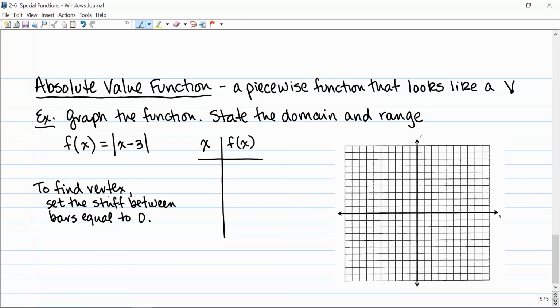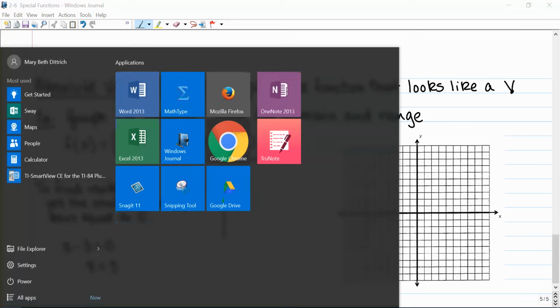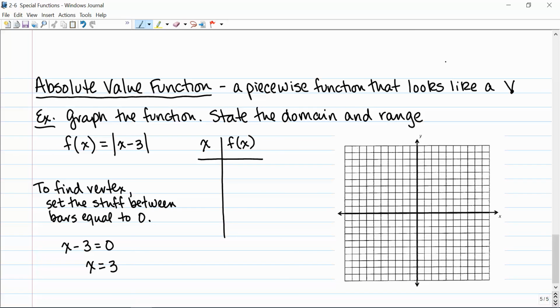So to find the vertex, we're going to take the stuff that's between the absolute value bars and set it equal to 0. So x minus 3 equals 0, and adding 3 to each side, x equals 3. That's going to be the value of my vertex. I am going to put that in the middle of my table right here. And I'm going to choose 2 values smaller and 2 values greater than that.